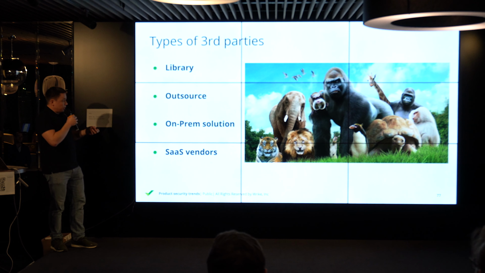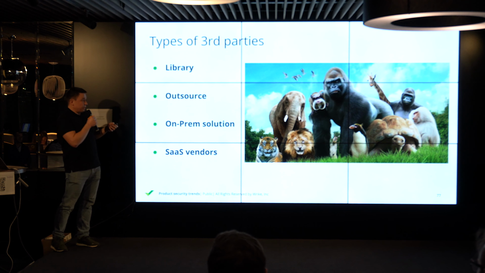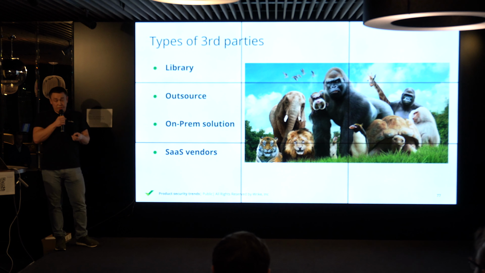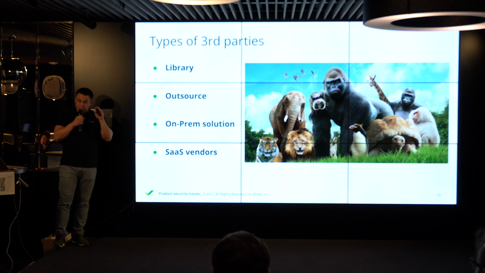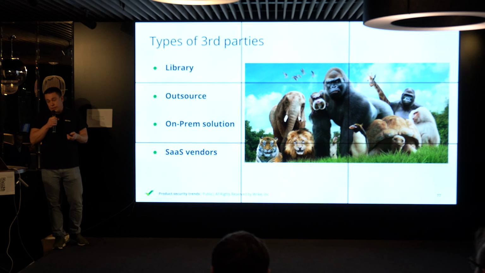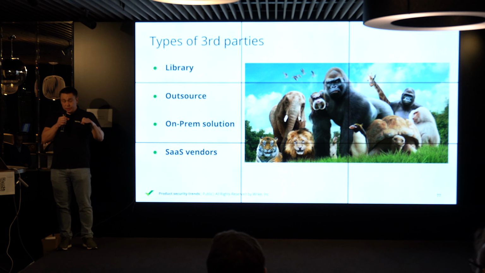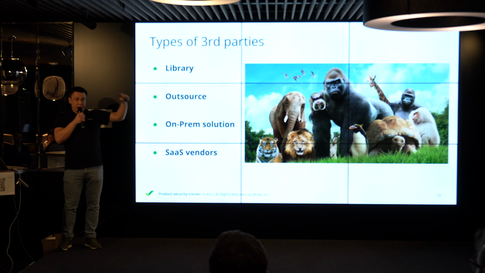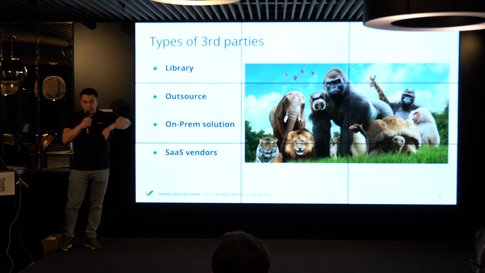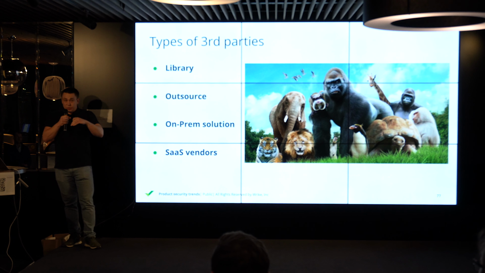On-prem directly integrates with your infrastructure in general, so it works absolutely independently. SaaS is a separate case. It's a separate project, and any SaaS application communicates with your product via API.